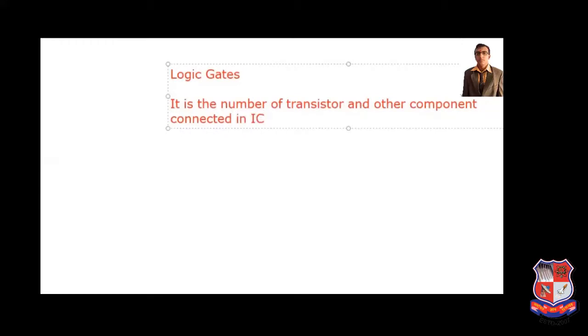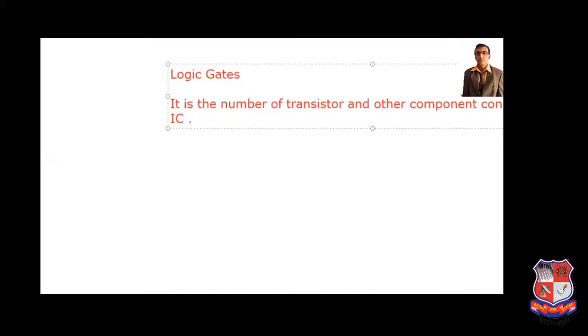IC means what? Integrated circuit. What is the meaning of integrated circuit? Integrated circuit means it is the several number of electronic components connected in one particular chip.